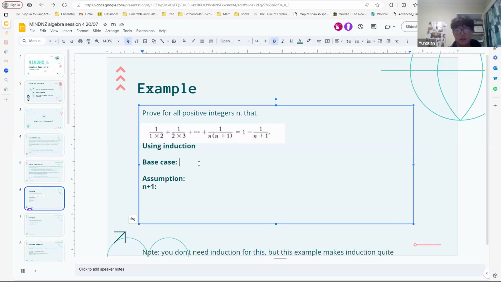For the base case, what would be an easy base case to choose? It would be n equals 1, right? Because that's just 1 over 2 equals 1 minus 1 over 2. And what's the assumption?